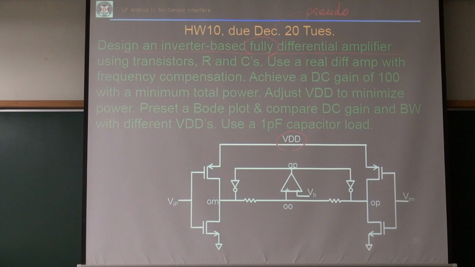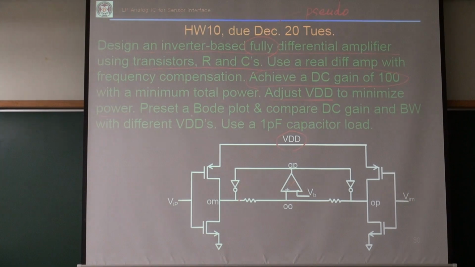You can use only MOS transistors and RC, not this ideal op-amp. So you need a real differential amplifier for this one with frequency compensation for that stage. And then you need a DC gain of 100. So you can minimize VDD, and then you can minimize power, just get DC gain.